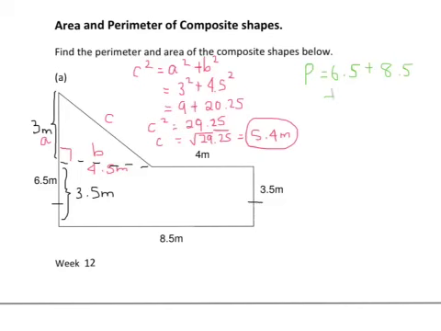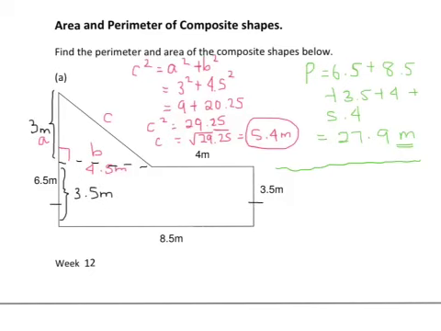I'm going to have to go down here, and plus 3.5 and 4. Plus the very last bit we need to add is the bit we've just calculated, 5.4. So we've got a perimeter of 27.9. Now it's really important that we put in that unit of measure, the metre. Remember, the topic of this title is measurement, and in measurement we do have units of measurement.